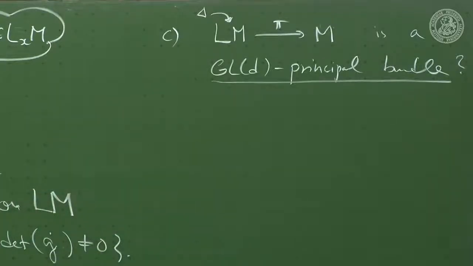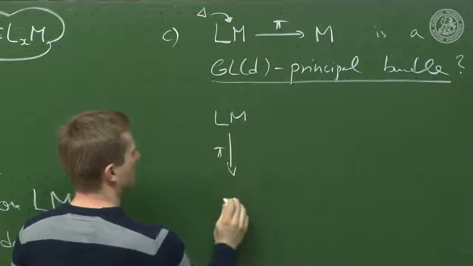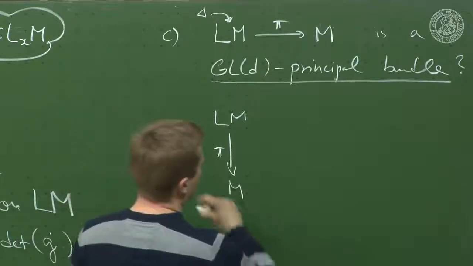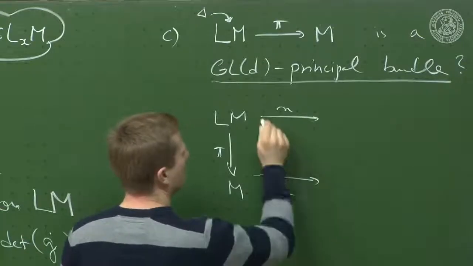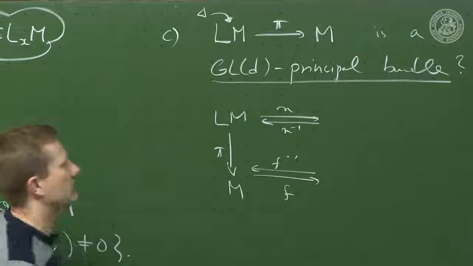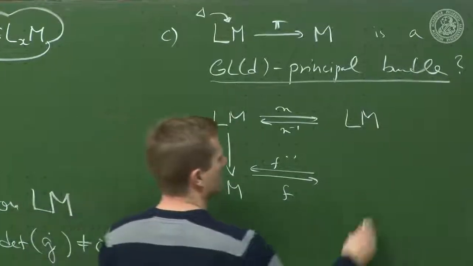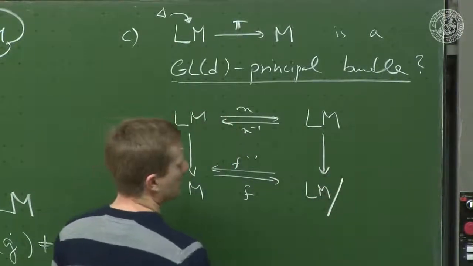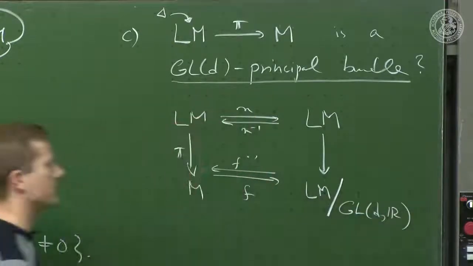What do you have to check for that? Well, you've got to check whether, if you look at your bundle, you have a bundle map U that's an isomorphism, so there should be an inverse like this, to the same total space, but going down to the total space, and then you take the quotient with respect to the group you have here.